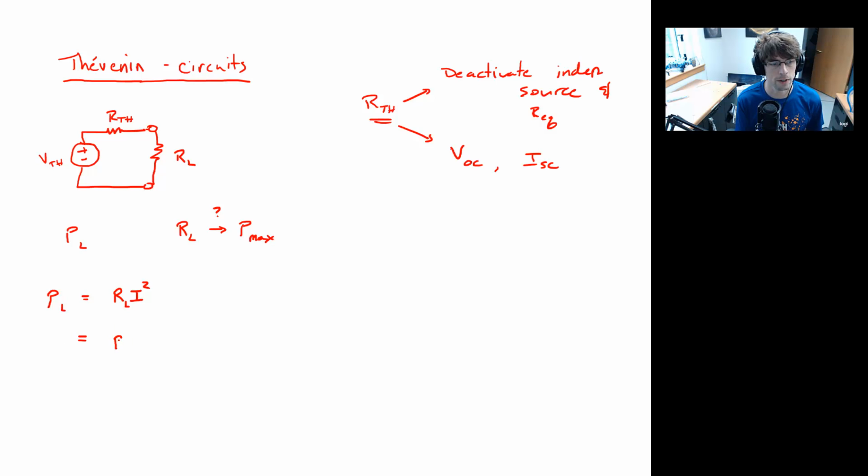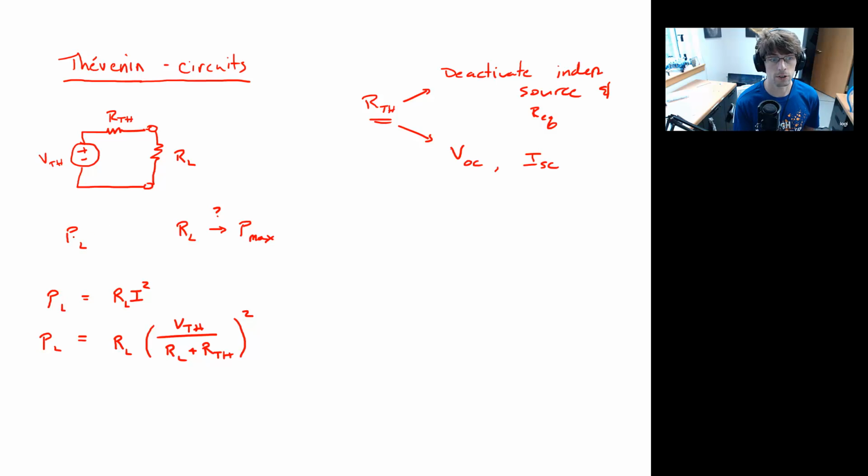Yeah, we've got two resistors in series. So we have V Thevenin divided by our two resistors in series, and we take the summation. Okay. And we square it. So there is the general expression for the power being absorbed by our load.